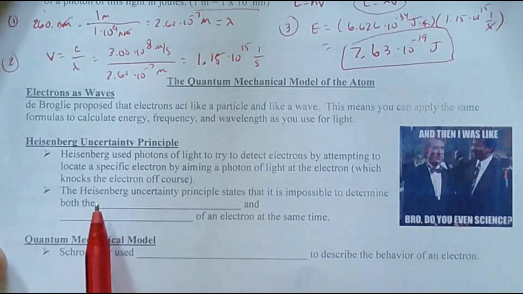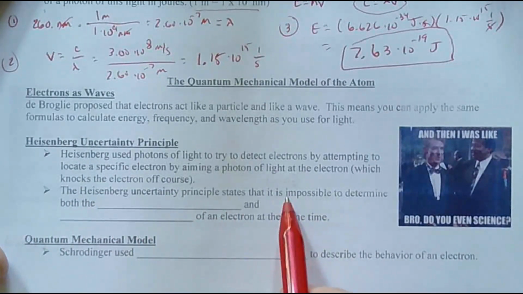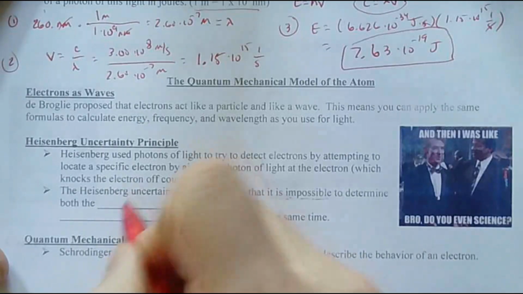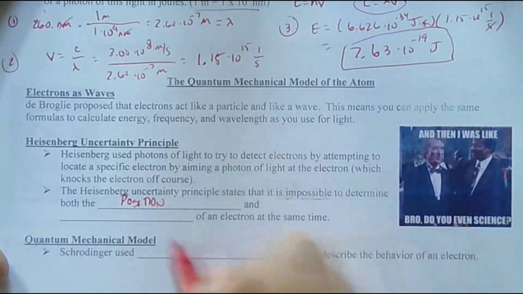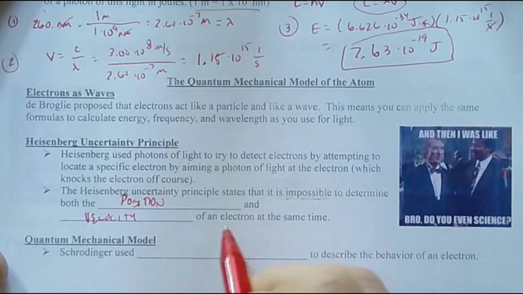But he came up with something called the Heisenberg uncertainty principle, saying that it is impossible to determine both the position and velocity of an electron at the same time.